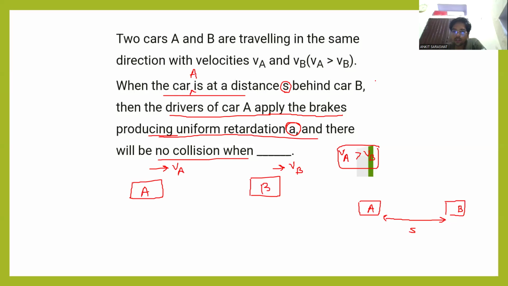Meaning is that, let us understand with the help of one example. For example, this is car A. It is moving with 10 meter per second and this is moving with 5 meter per second. So it is confirmed this will collide with this car.